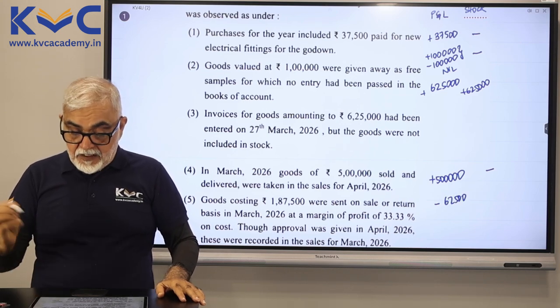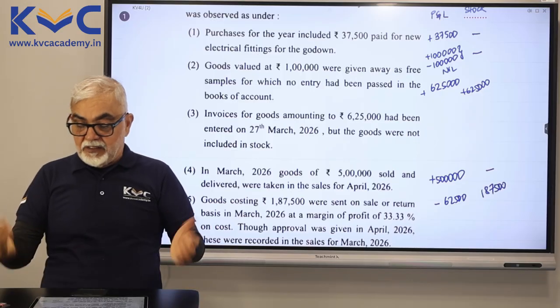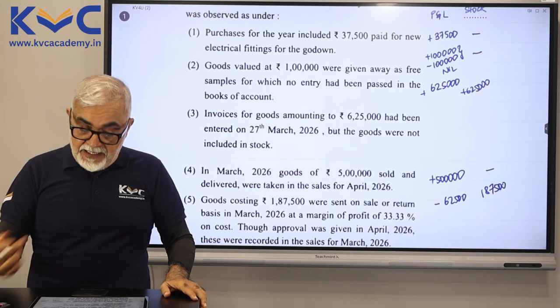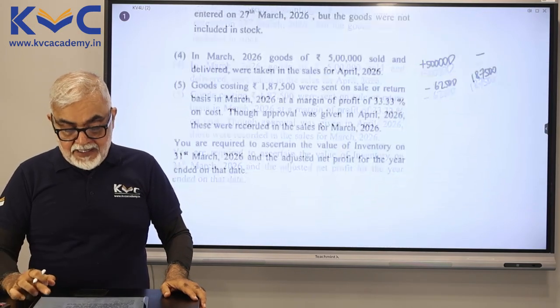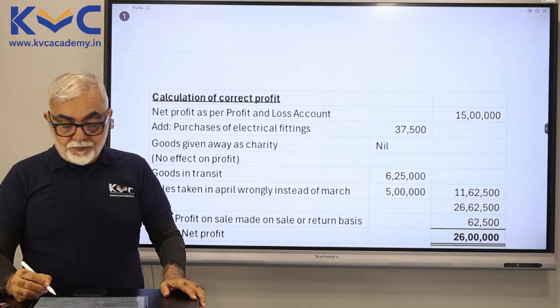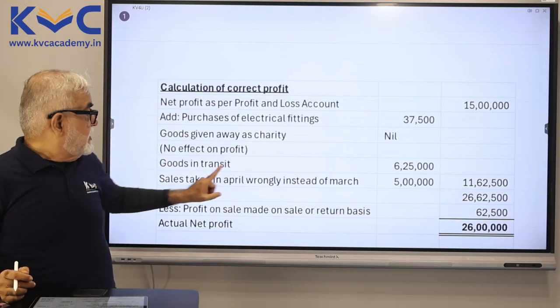Whereas here, the cost of the goods must be included in my stock because the goods belong to me. Okay? When you do these adjustments, you will get this working out. Profit, this will increase. Goods given as charity, no effect.